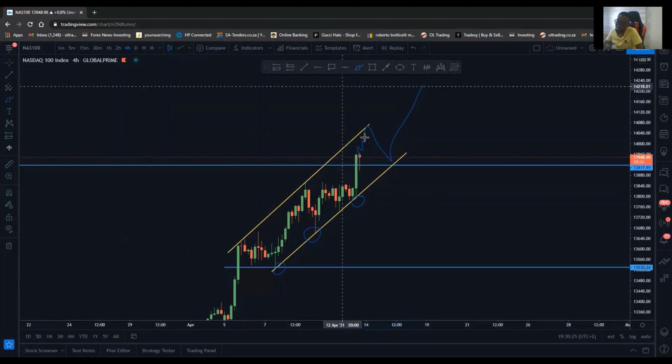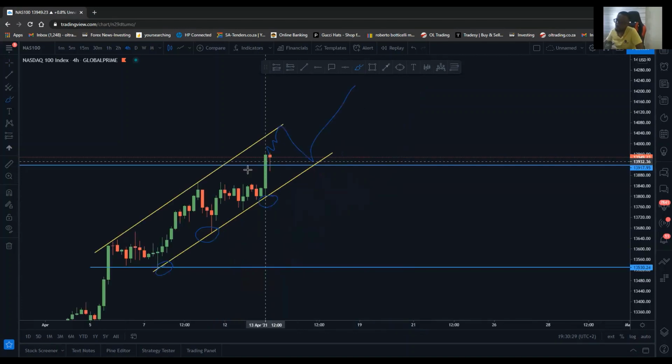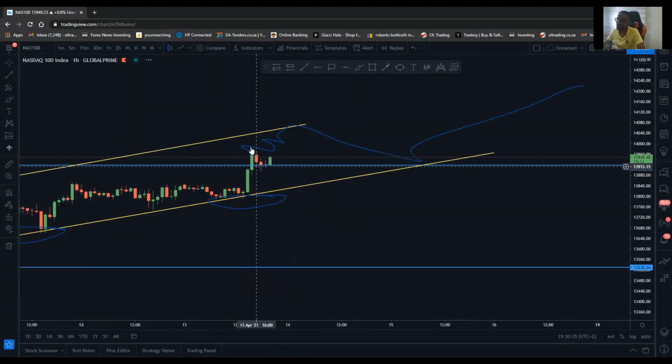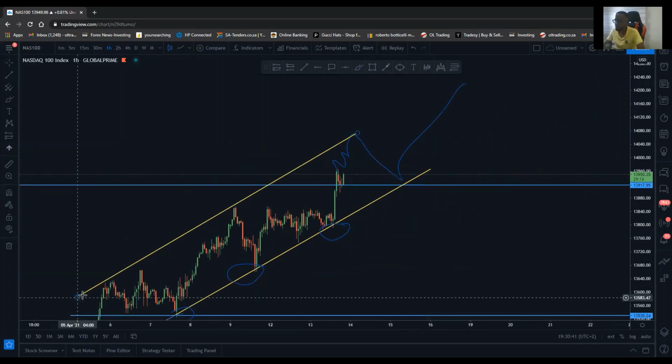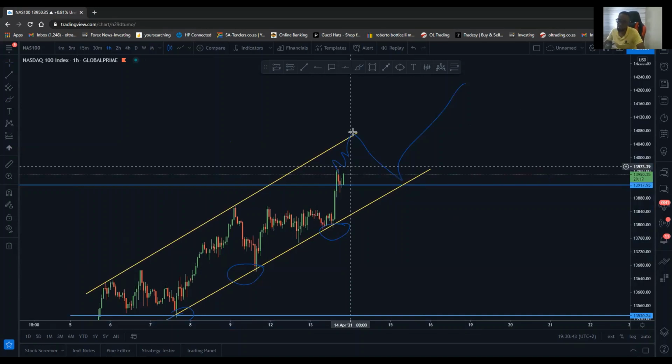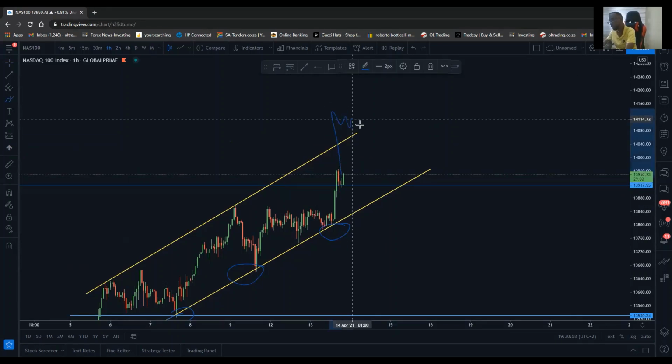So hence I said that this would basically look like an impulse move, but we have to really focus on how it really gets to this third touch, whether it's coming in a corrective manner or it's impulsing further up, because sometimes the market can tend to push, then correct to the downside, then push further up.